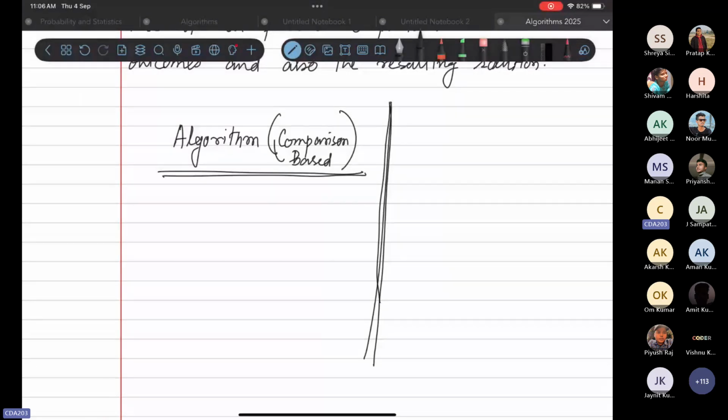It's a comparison-based algorithm and its corresponding decision tree. As I said, we're looking at the same thing, a method of solving a particular problem. One is an algorithm, another one is a decision tree. Both of them are representing the same thing. Yes, everyone okay with this?